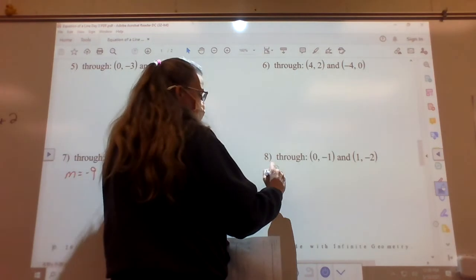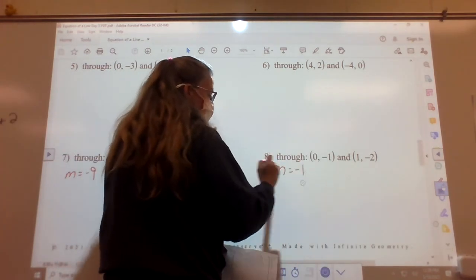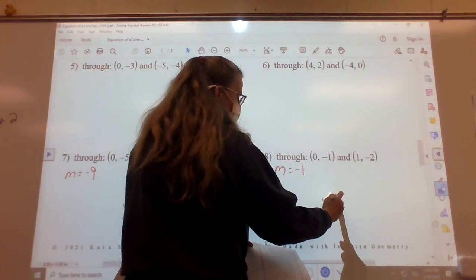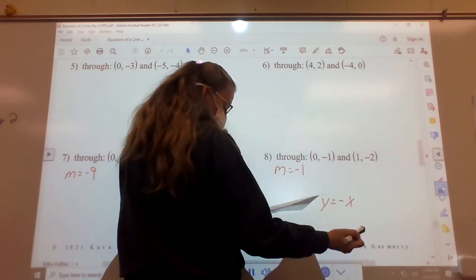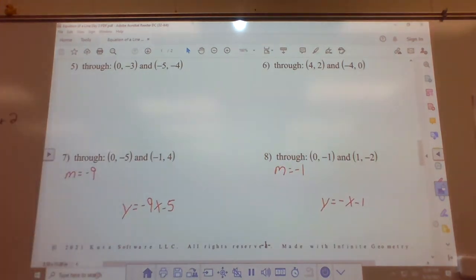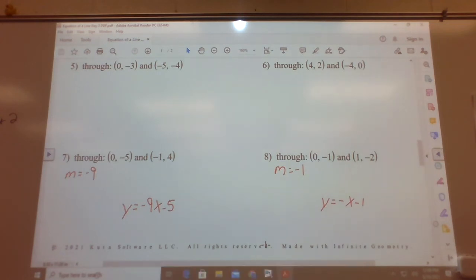This one you end up getting a slope as negative 1 or negative 1/1, same thing. Y equals negative x or negative 1x minus 1. So try those two. If you don't get those answers, let me know and I will help talk you through whatever went wrong. So try it.